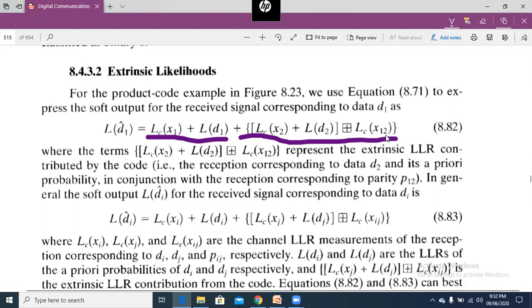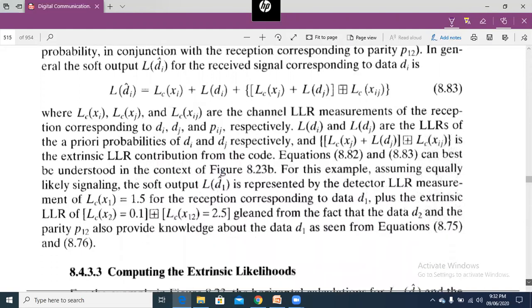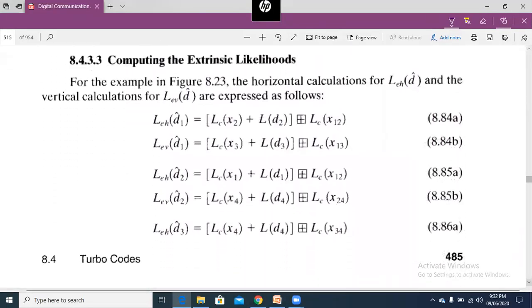So if we are calculating the horizontal, just look at it here. Okay, we have 1, 2, 3, and 4.